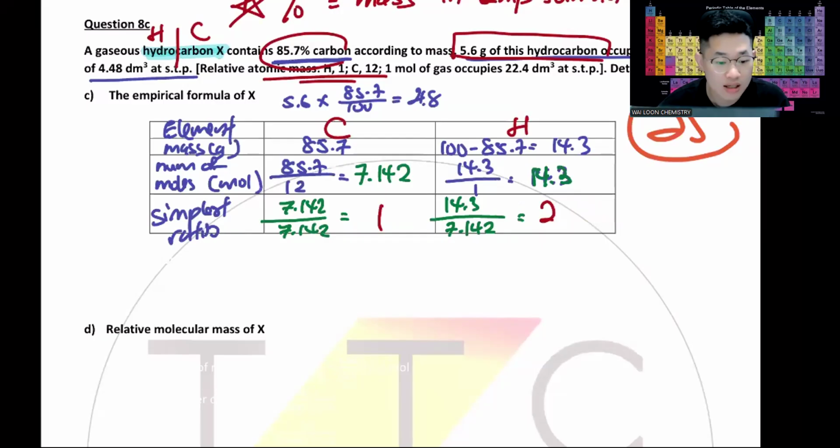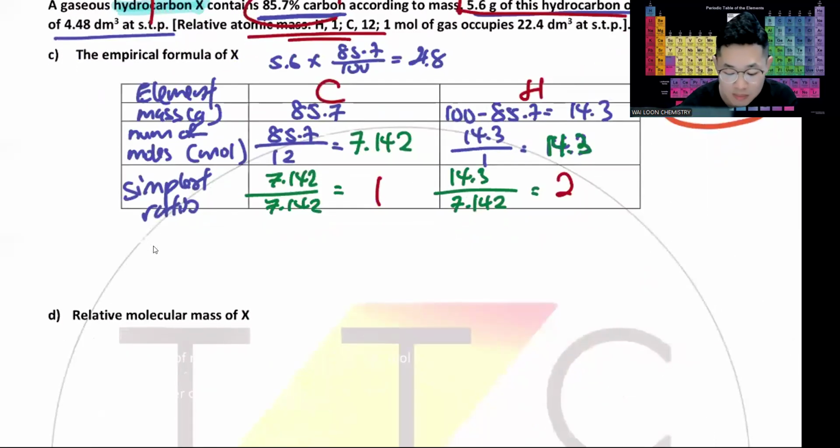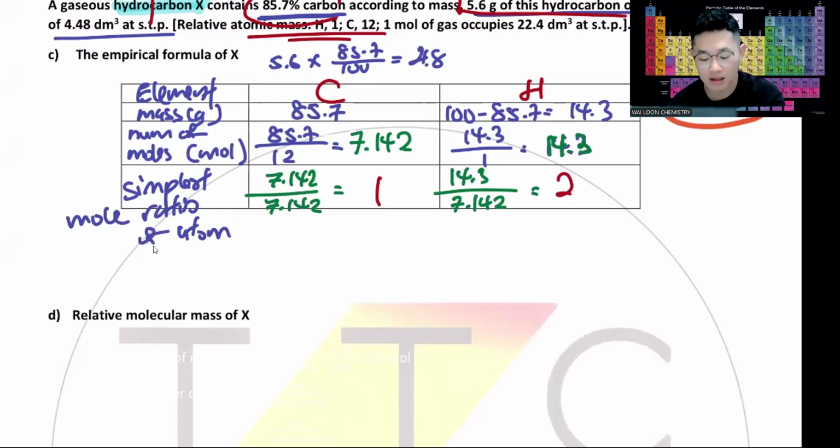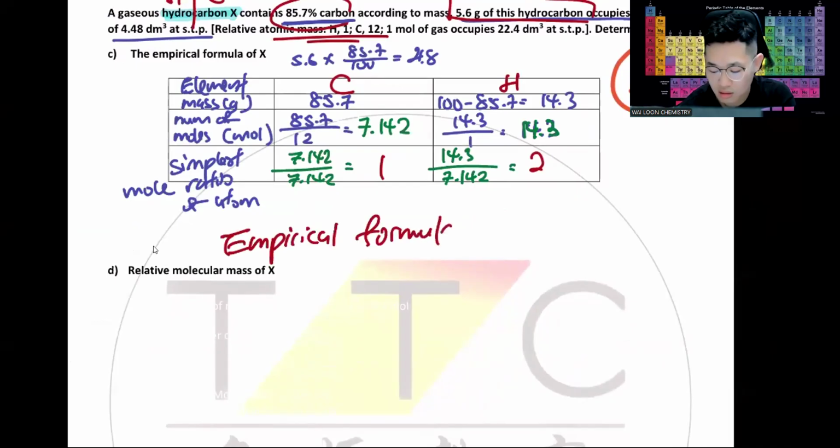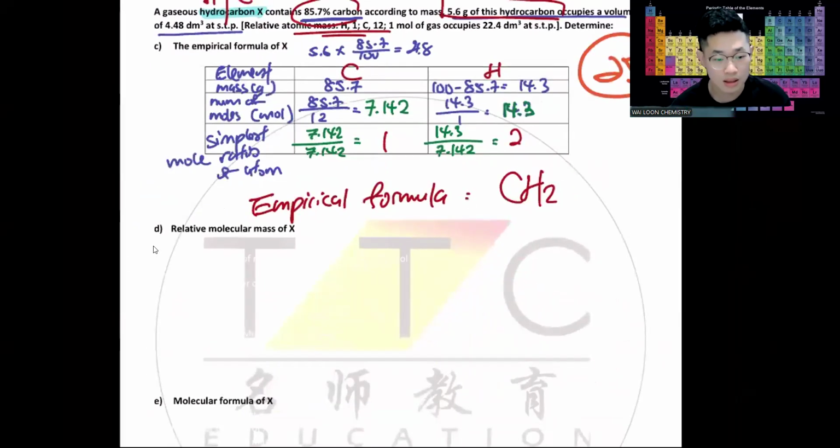In full, it will be simplest mole ratio of atoms. So the empirical formula will be equal to CH2. Okay, and then next. Everything okay, right?